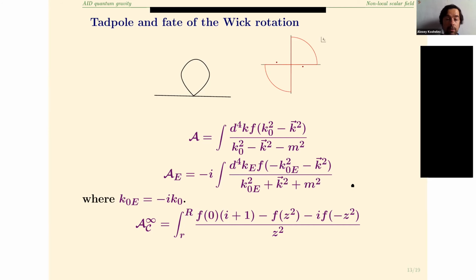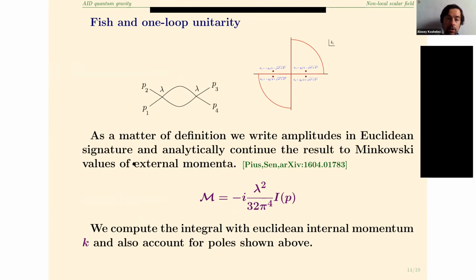It's not impossible, but given that any new Feynman graph will generate a new condition, we will end up with infinitely many conditions. It's not what we want. And we go to employ another procedure suggested in a paper by Pius and Sen in 2016.